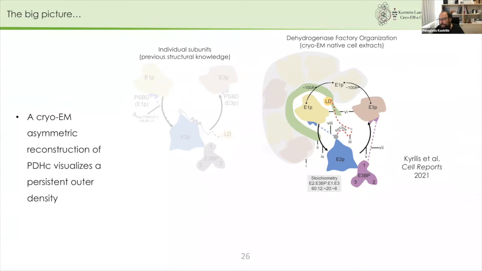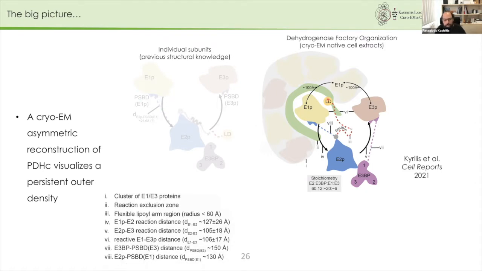And the lipoyl domain, which is the arm that brings the product from one enzyme to the other as a substrate, and then again to a product, this whole reaction is happening structurally below this nanocompartment. Overall, from this reconstruction we saw the different distances between active sites, and we could understand, for example, how big the flexible regions are, because these are the ones that organize the E1s, E2s, or E3s and these other proteins, the E3BPs, in proximity.